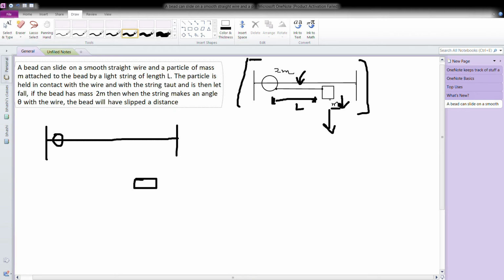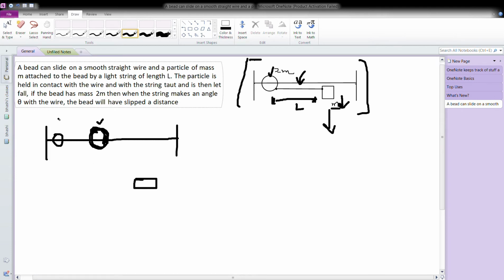Since this bead is connected with this particle, if the particle falls, then there must be some displacement of the bead as well. Let's suppose your bead has now come to this position and initially it was there. The size hasn't changed. I have just made it bigger so as to understand that now our bead is here.